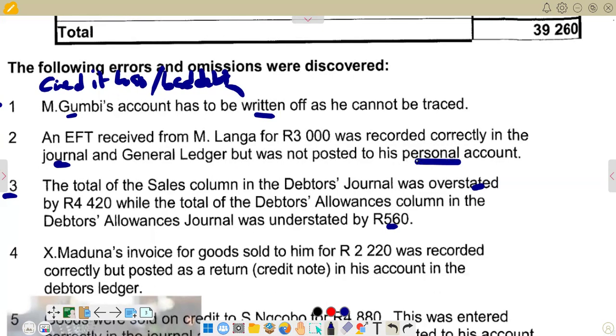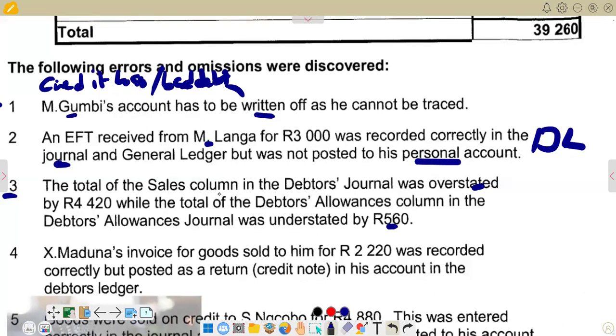So we are going to subtract 3,000 from the account of M. Langa. This transaction is going to affect the debtors list, and it's not going to be adjusted in the control account, since it doesn't affect the control account. So we can leave it at the moment. We can say this one is affecting the debtors list, so that when we come back to the debtors list, you can just pick it. Then we go to the next one.